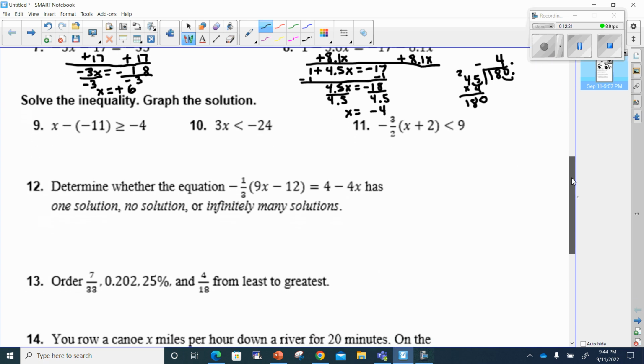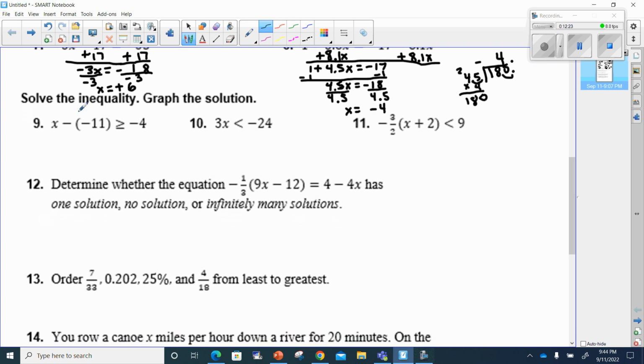Let's see, give me some room to work here. When I do this, I've got to work this negative times a negative first. So this is going to be x. Negative times a negative is a positive. This will be positive 11 is greater than or equal to negative 4.